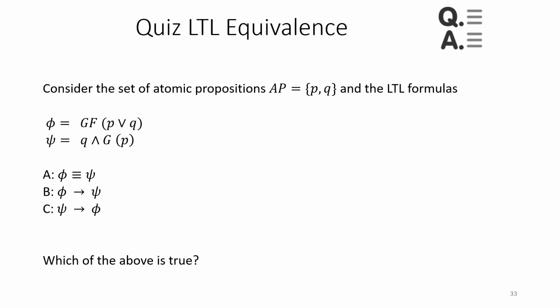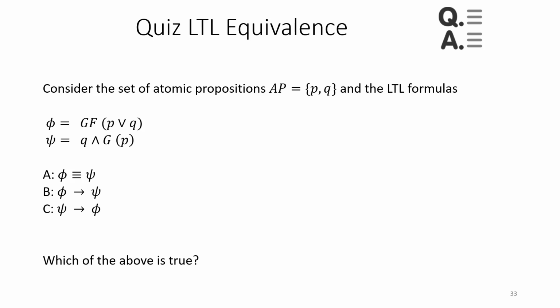Here Q says initially Q and globally P. Well, how do we show that something satisfies this one but not this one? This one requires initially Q, right? So if we find a system that doesn't have Q in the first state, we could show that this one is violated, right?